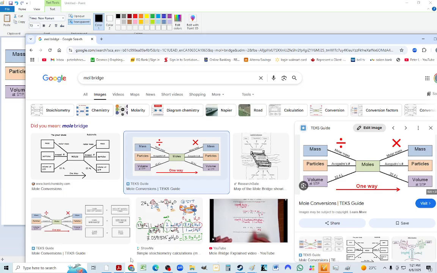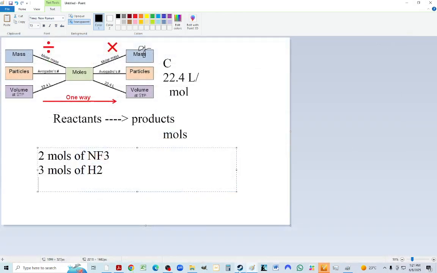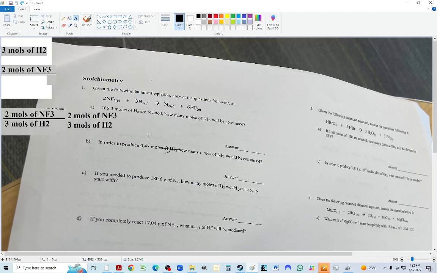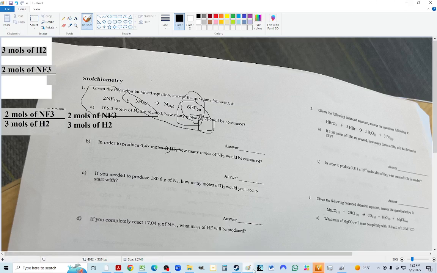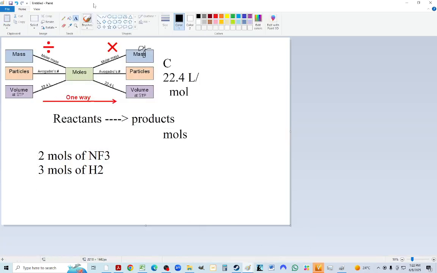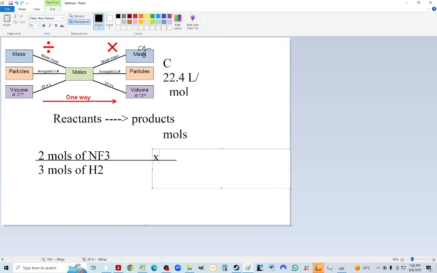If I take 5.5 moles of H2, which is what's asked here, how many moles of NH3 will be consumed? Always look at what they want. In this case, we know this ratio, and we know that they want this answer, so I want this at the top. I wouldn't use the flip. They've also told me that I have used up 5.5 moles.